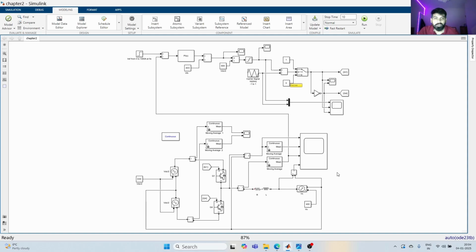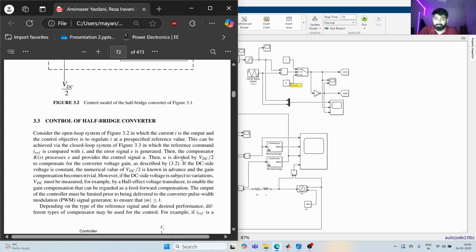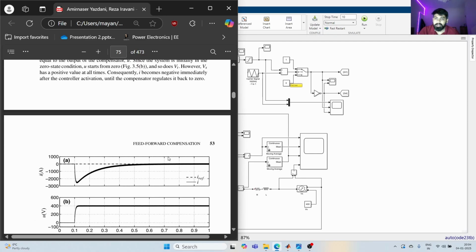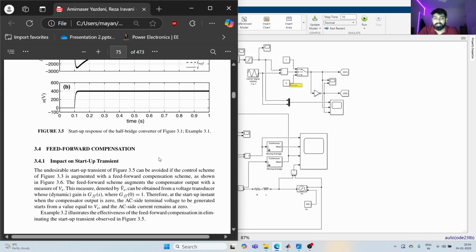So, today we'll be continuing our journey on to understanding the control of the half-bridge converter and how we can make it more efficient. Previously, we saw the implications of the feed-forward compensation in the controller. In the last video we saw the first advantage of using the feed-forward compensation control, which was its impact on the startup transient.